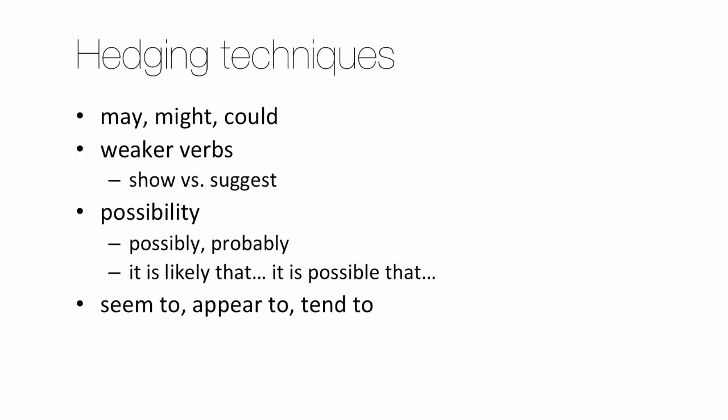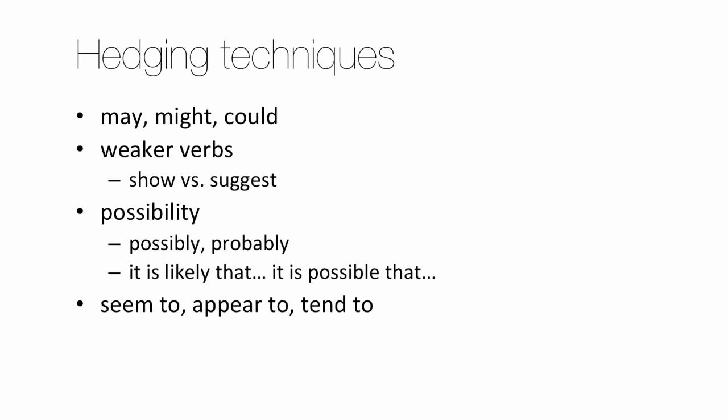Here are some techniques we can use for hedging. We can use words like may, might, and could, words like suggest, words like possibly or probably, or it is likely that, it is possible that, and also words like seem to show, appear to show, tend to show, to make the show even weaker.